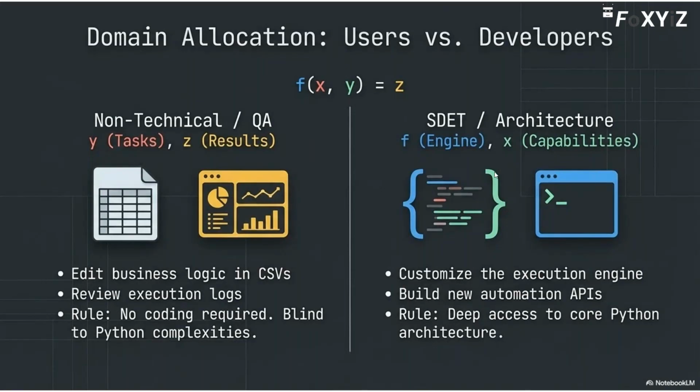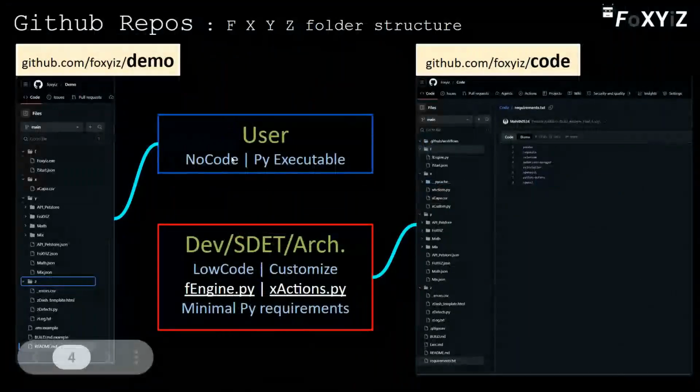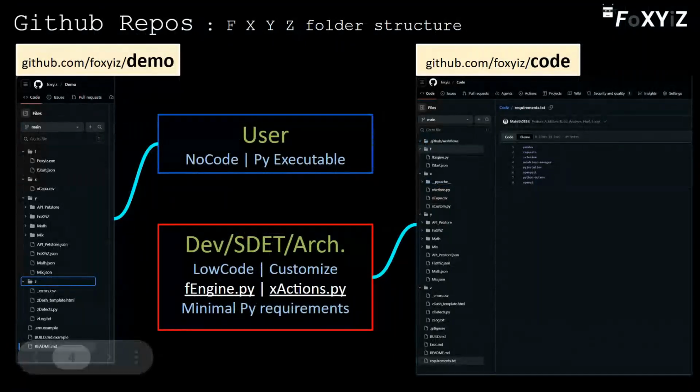That's a clear distribution. Here is how the repositories on GitHub will look like. There's a demo version, which is an end user, no code with the Python executable. It has the folder structure. You won't use these much, but the Y part of it, yes, that will be a significant value.